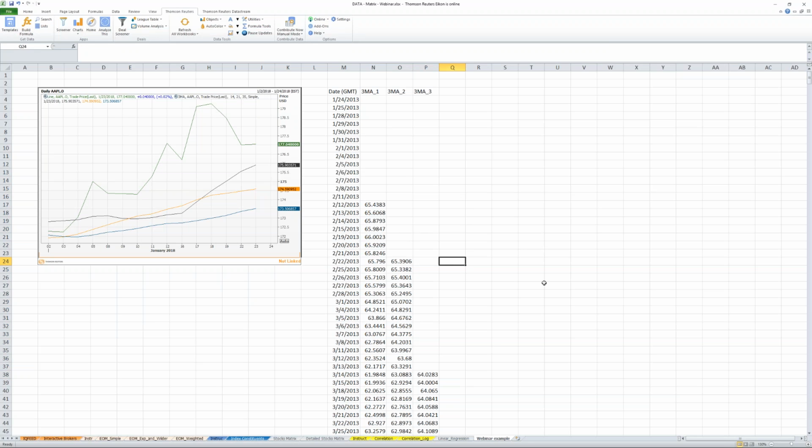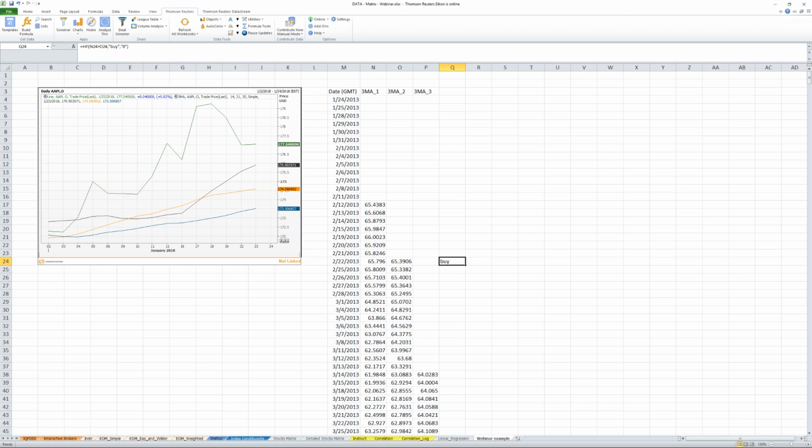Something I started with was an if function, very easy. If the fast moving average is higher than the slow moving average, then give me a buy. If not, give me a 0.